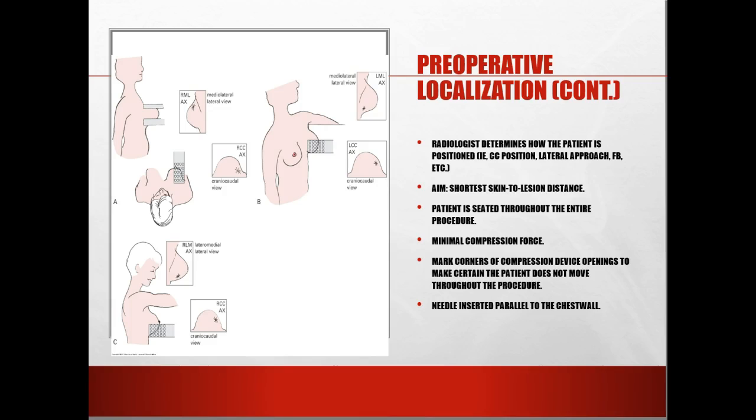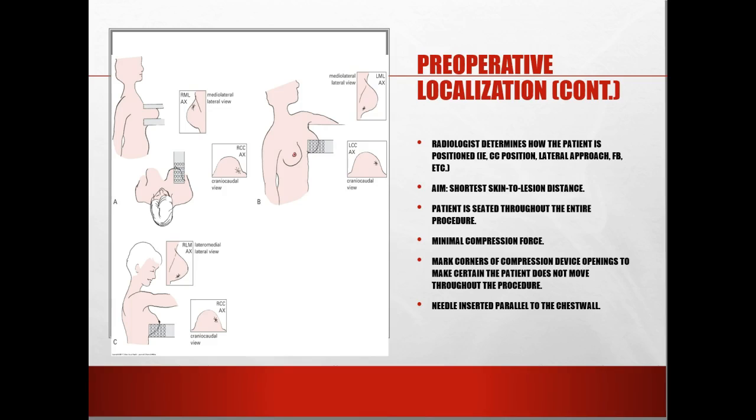If the mass is on the lower or superior tissue of the breast, then depending on whether it's lateral or medial, you're going to want to go with a lateral medial view or a medial lateral view. If you take a look at these images here, that's what they're showing you.